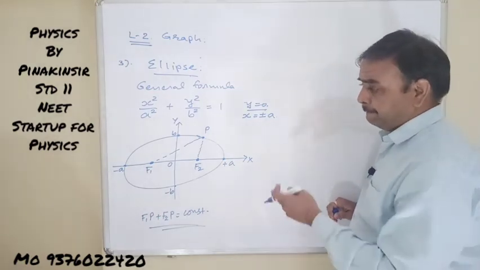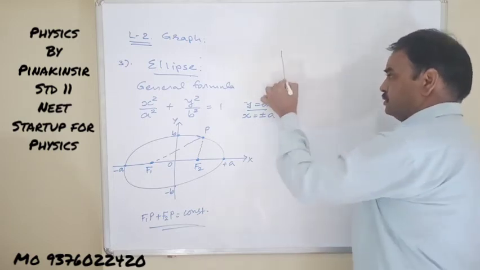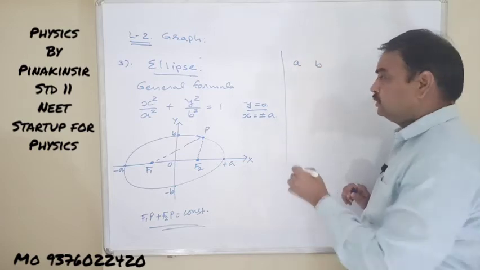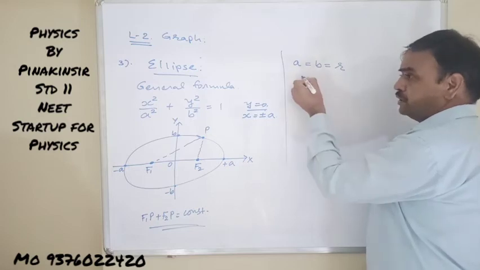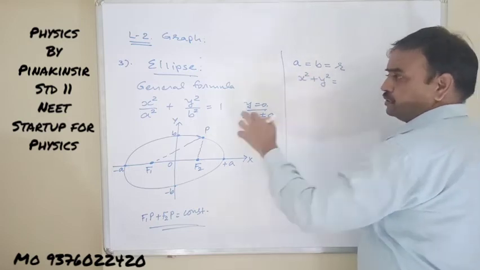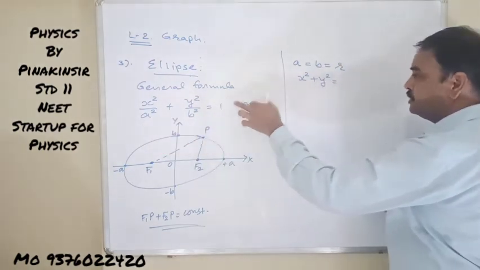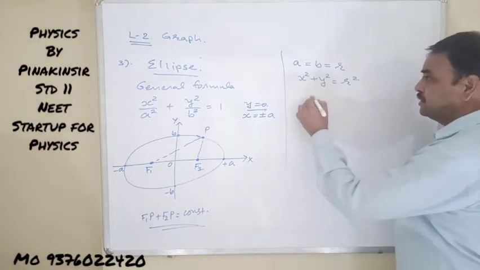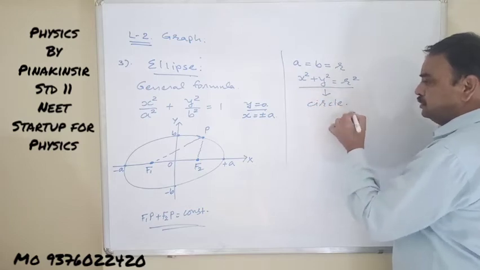See here, if we substitute a and b to be equal, say equal to r, then your expression will look like x square plus y square, with r square common. On this side you will get x square plus y square is equal to r square, which is nothing but the formula for a circle.